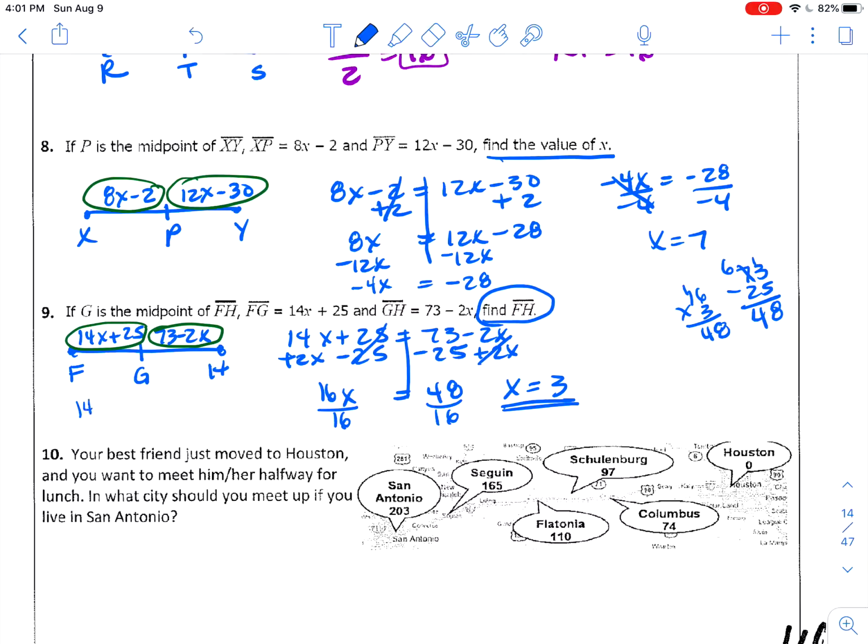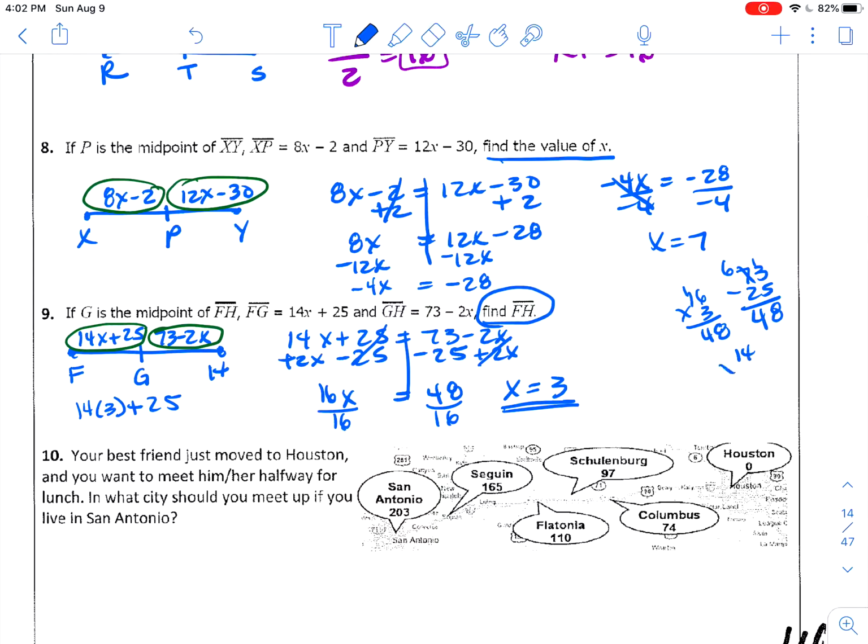If I plug x into this first expression for FG, that'll give me what the length of FG is, and then all I need to do is double that. So 14 times 3, I've got to do a little bit of scratch work over here on the right. 3 times 4 is 12. Carry the 1, 3, 42.